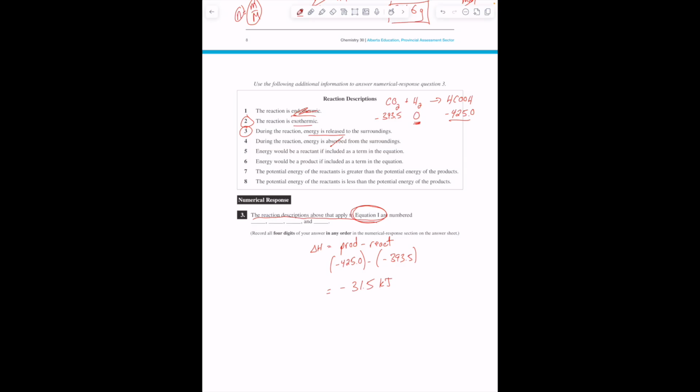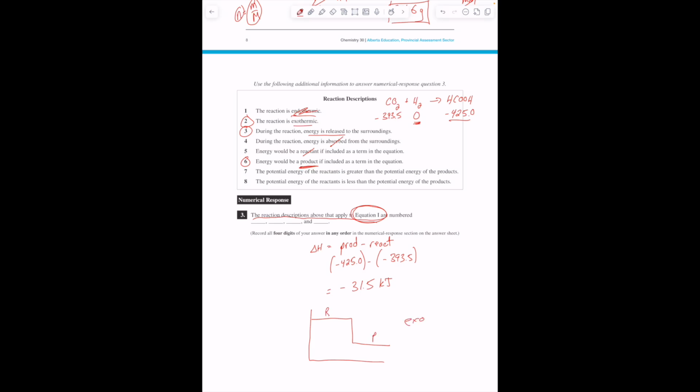Energy would be on the product side of the equation, so 6, not that. The potential energy of the reactants is greater than the potential energy of the products. Well, just draw a graph quick. Potential energy diagram. It looks like this, right? Reactants here, products here.